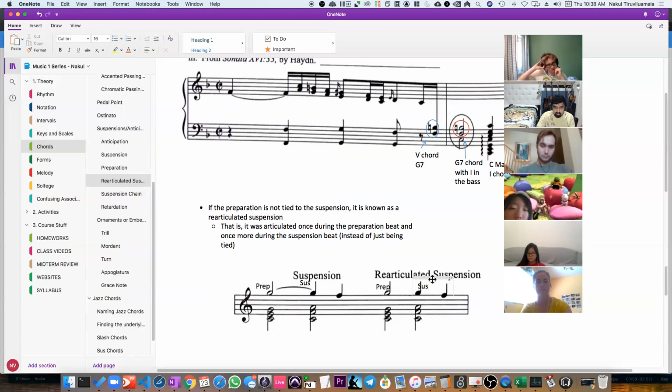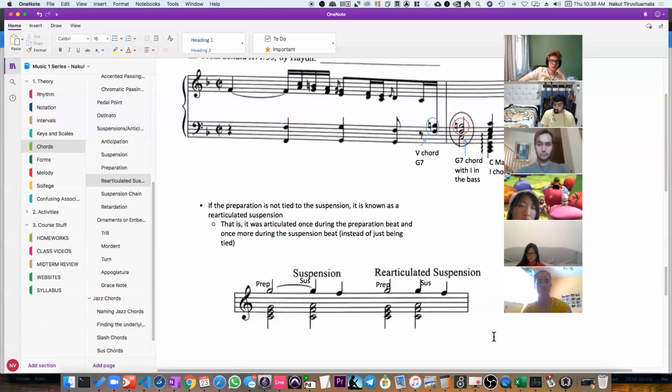So the idea is, in the first situation, you have the suspension tied into and prepared ahead of time. Whereas in the second example, it's re-articulated, right? That is to say that the preparation isn't tied into the suspension.